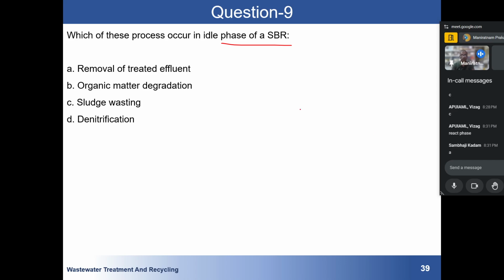Try to answer in which process. Just try to remember when the removal of treated effluent happens, when the organic matter degradation happens, when sludge wasting is happening, when denitrification is happening.